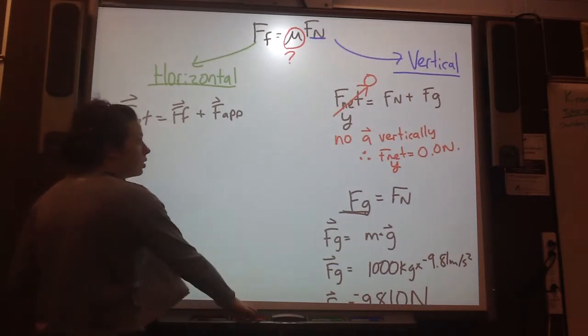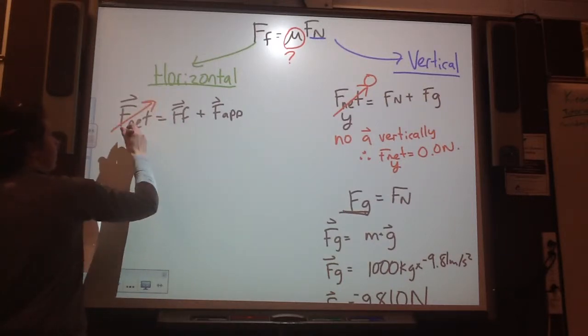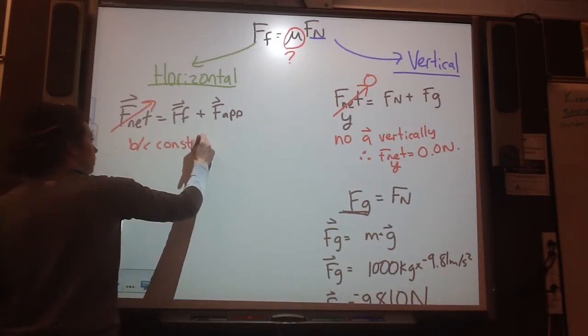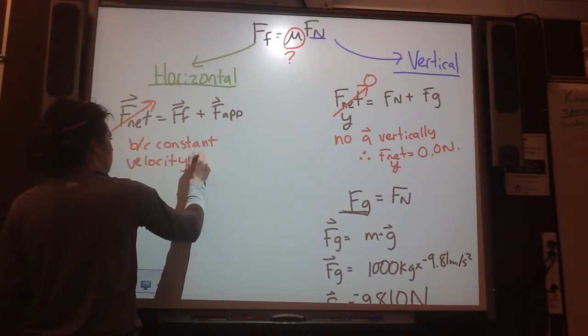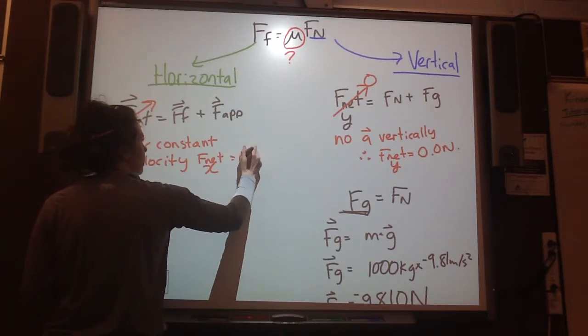What can we set our F net to in this question? It's 0 because it's constant velocity. F net of my x is equal to 0.